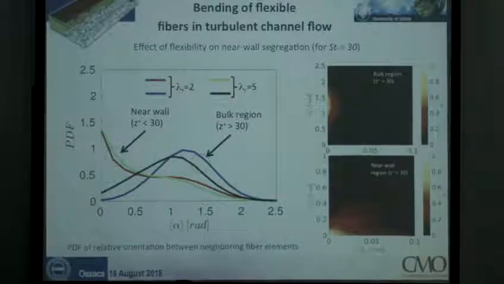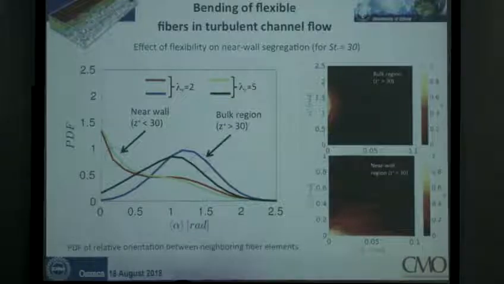As you can see, regardless of the length, so of the elongation of the fiber, we have a peak of the PDF near the wall at alpha equal to 0. Here the average was obtained over all elements of a single fiber and then over all fibers in the corresponding fluid slab. Whereas if you go in the bulk of the flow, there is a peak towards a finite value of alpha, which indicates stronger bending.